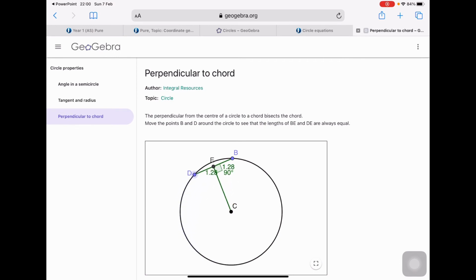So it doesn't matter if the chord is very small or if it is very large, the line from C to E will always be perpendicular to the chord and will always bisect it.